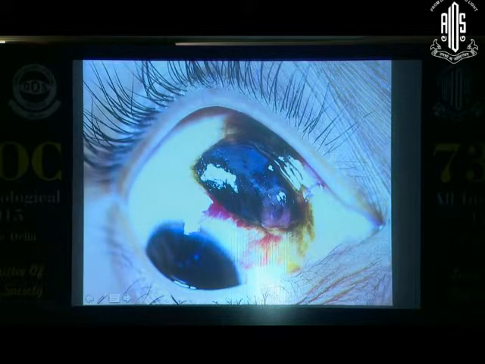But in fact, if you see very closely, he does have a neval component over here. So it's something like a nevus turning into a conjunctival melanoma. So if it would have been diagnosed earlier by the treating ophthalmologist, this could have been prevented. In fact, the thicker the conjunctival melanoma is, the more the chances of systemic metastasis and mortality.